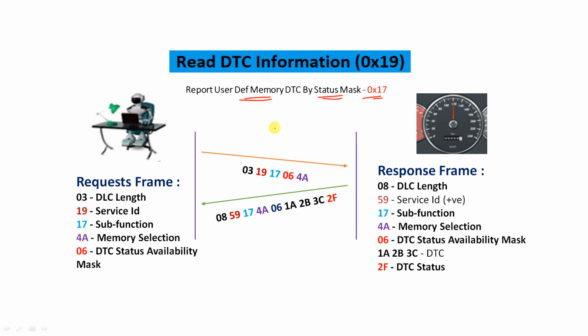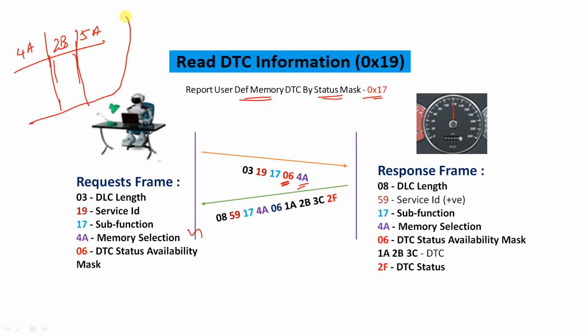Here 06 is the status mask, so you are requesting with the status mask, and 4A is the memory selection. Similarly, just as you have so many record numbers, you have so many memory selections, like 4A or 2B or 5A. Under each you'll have many DTCs, so it is all grouping.